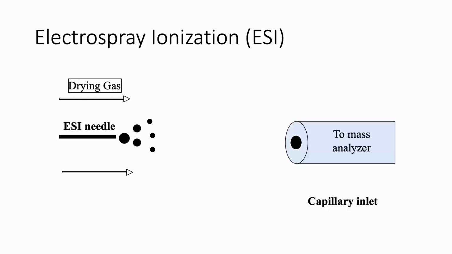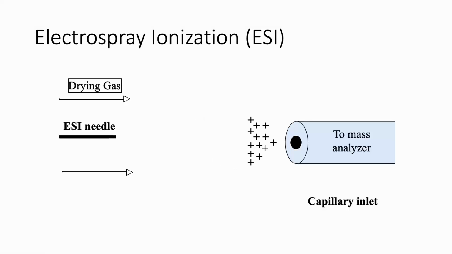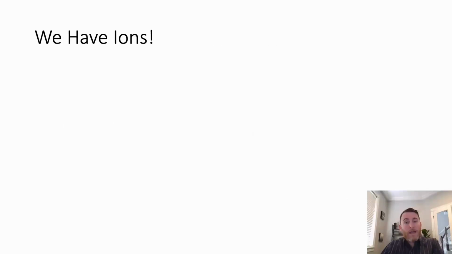The mass analyzer is also under a very high vacuum, and all of that combined together causes the liquid droplets to decrease in size to the point where all of the solvent desolvates, so all the methanol or acetonitrile or water desolvates, disappears or evaporates, and all you're left with is charged compounds. In this case, I'm just showing a bunch of compounds that are positively charged. And then those then reach the mass analyzer and then can be assessed for mass and then be counted. So we have ions, that's very exciting. But what do we do with them?